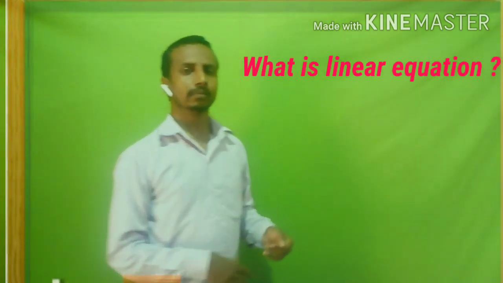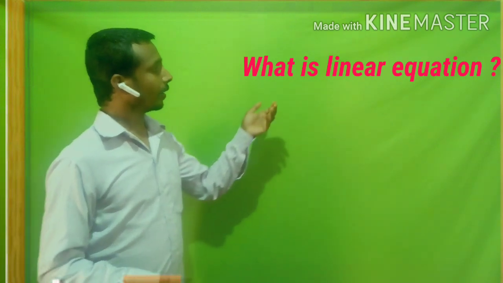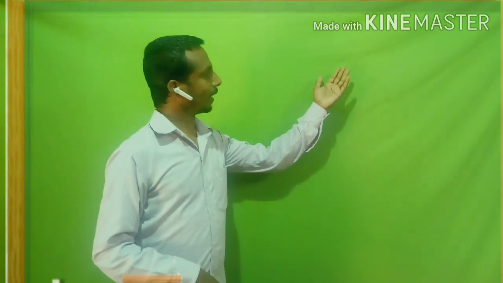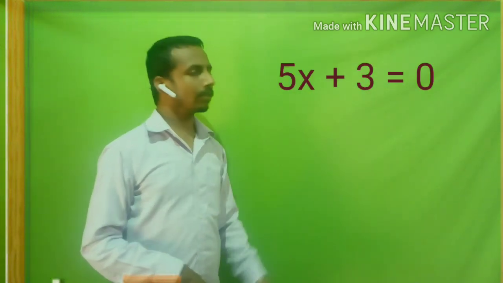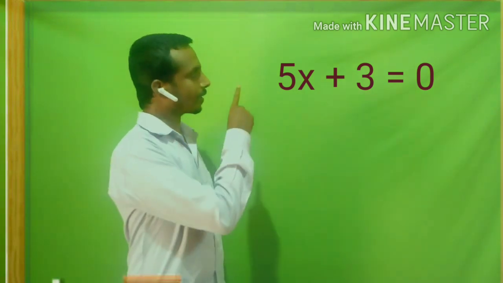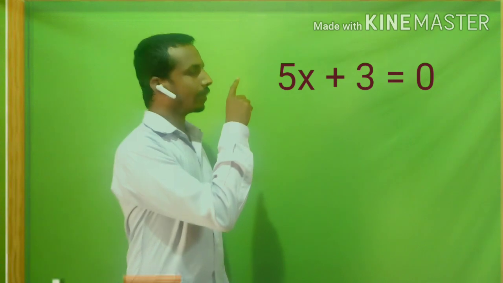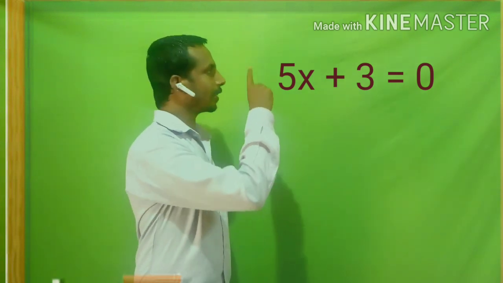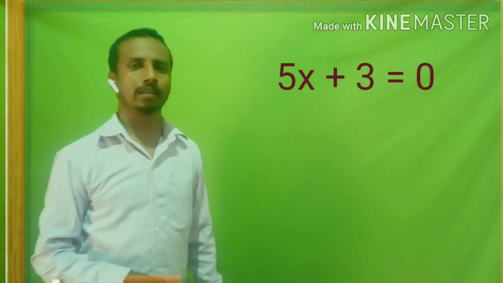Now we are going to study linear equations. What is a linear equation? For example, in 5x plus 3 is equal to 0, the highest degree of the variable is 1.